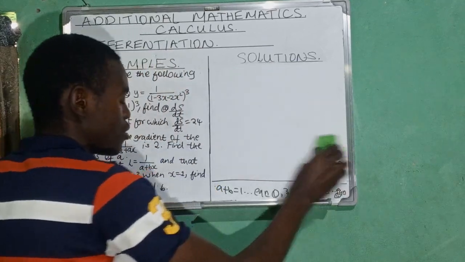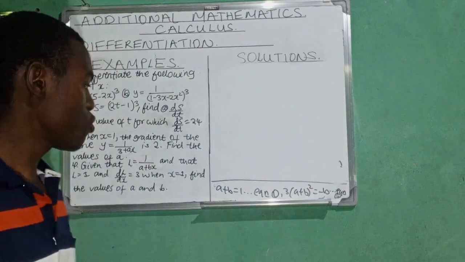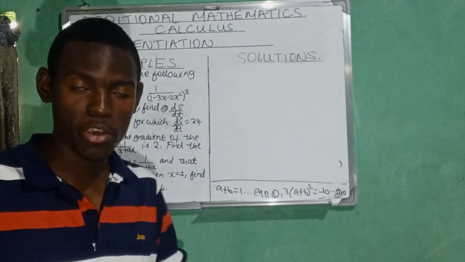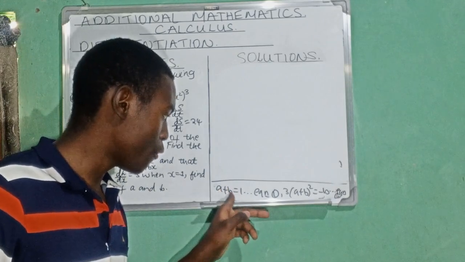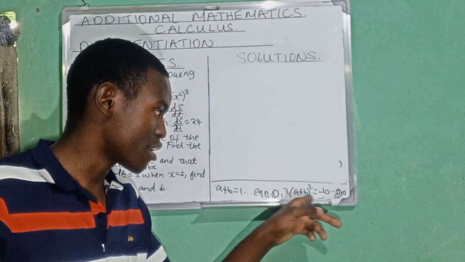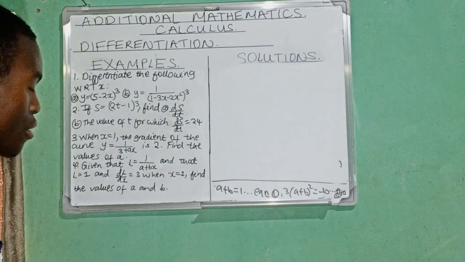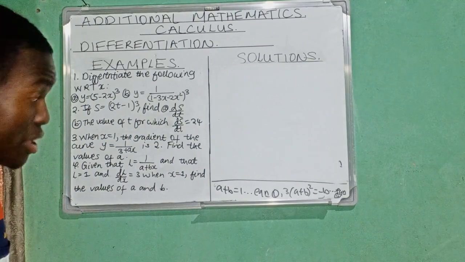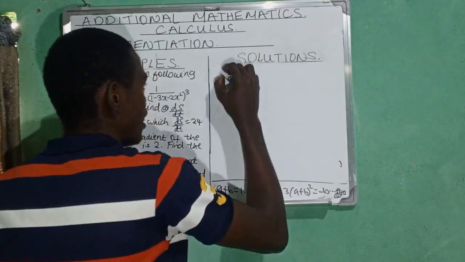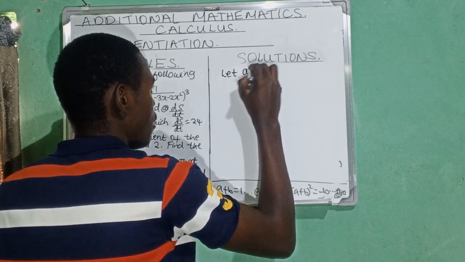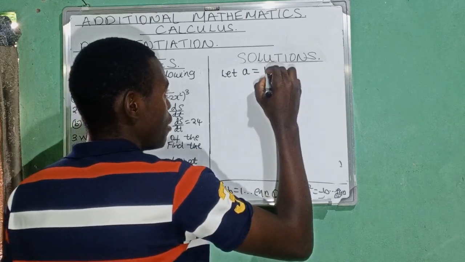Okay, so if you see these equations, we cannot solve this by using the elimination method. Because we have a plus b is equal to 1, the best method to use in this case would be substitution. So we substitute either a or b in this second equation. For me, my choice, I'm going to pick a. So I'm going to say let a be equal to, so this b will go to the other side, 1 minus b.